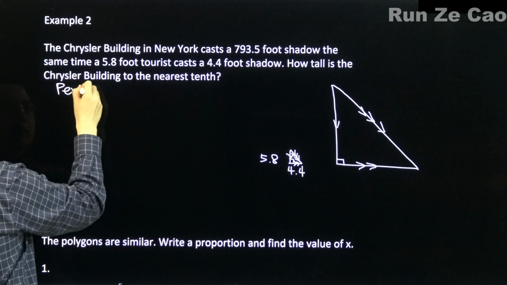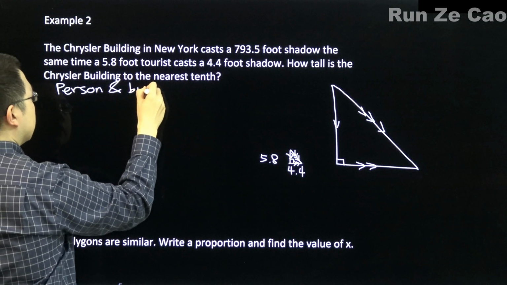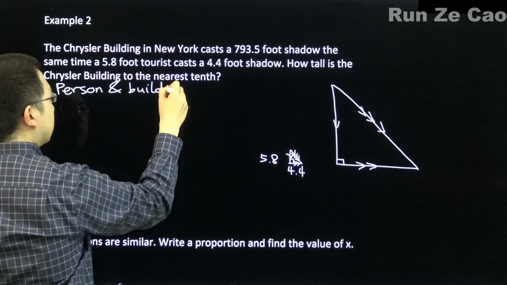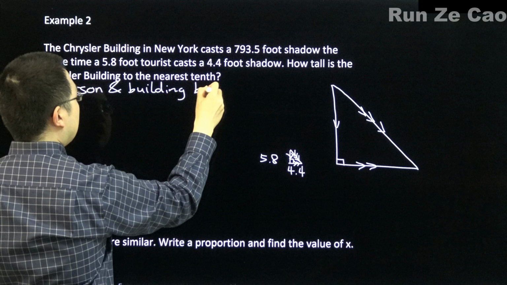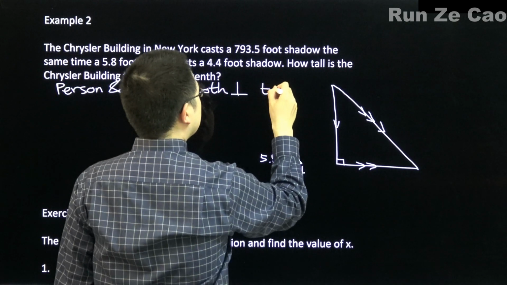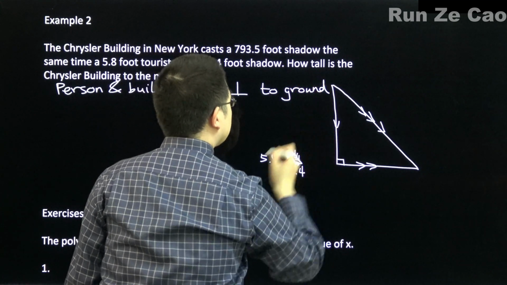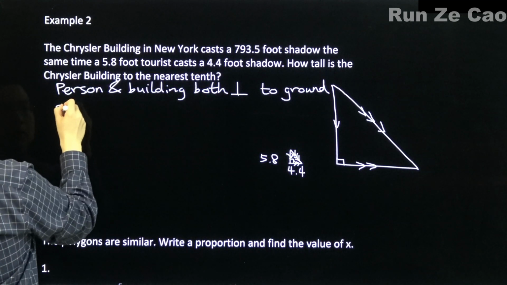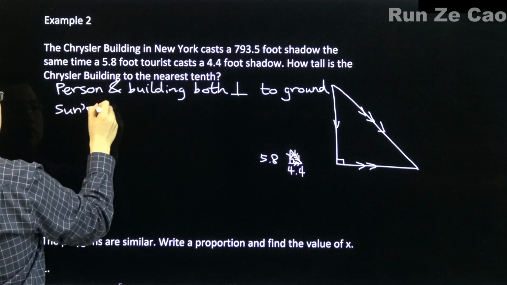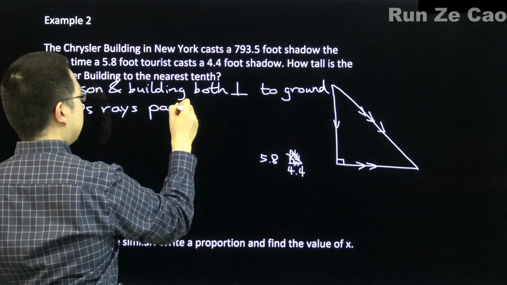Now, the sun and the building are both perpendicular to the ground, and the sun's rays are parallel.